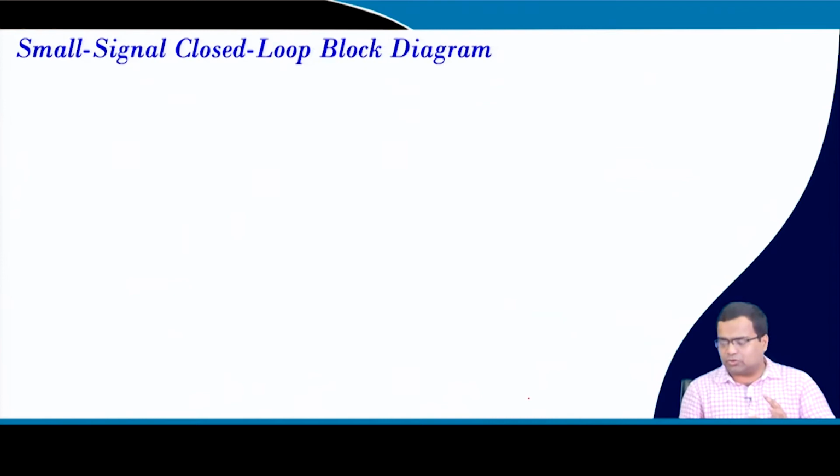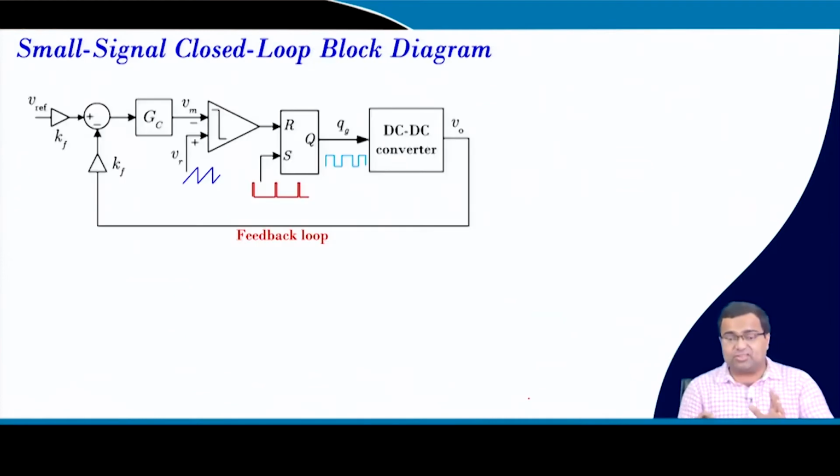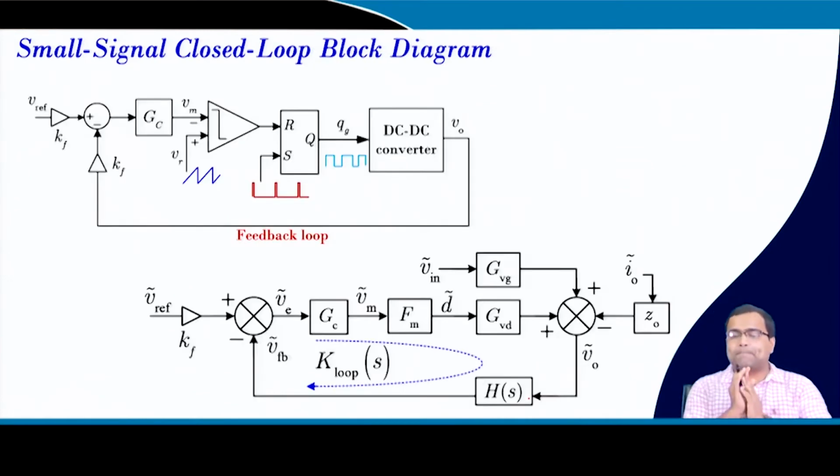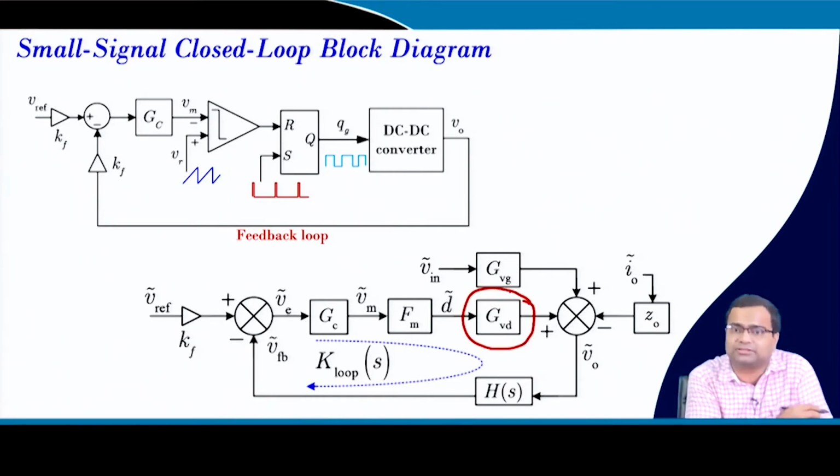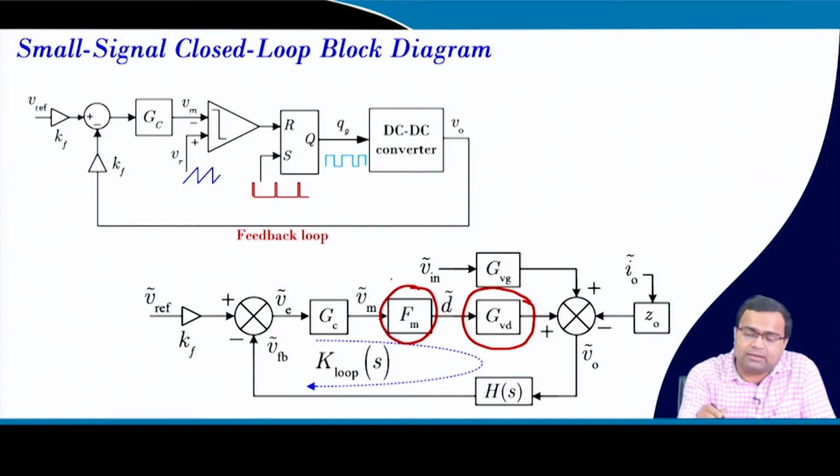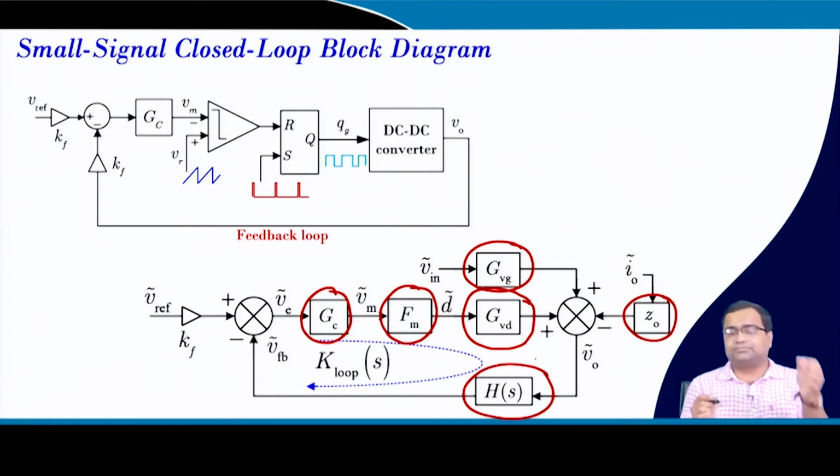So, the small signal closed loop block diagram, if you draw this feedback block diagram. This GVD we have already discussed, the control to output transfer function, modulator gain, then controller transfer function, then this is audio susceptibility, output impedance, and this is our feedback, that means sensor.